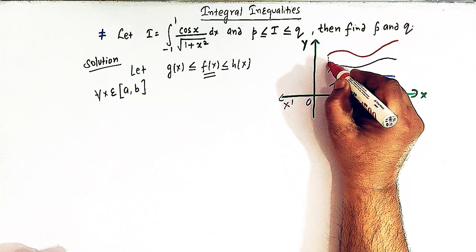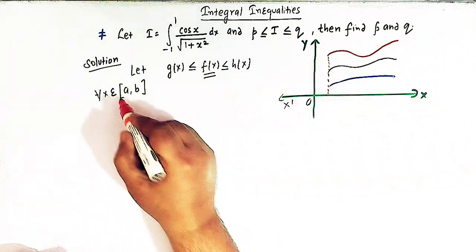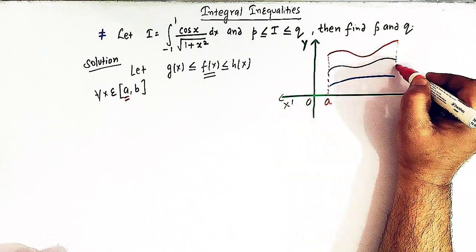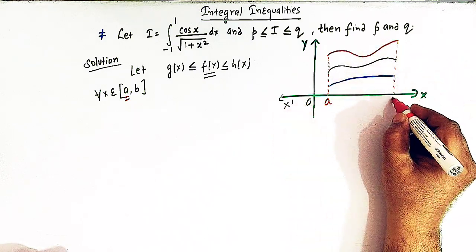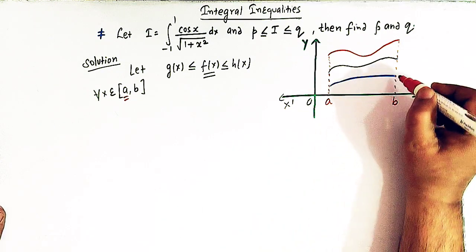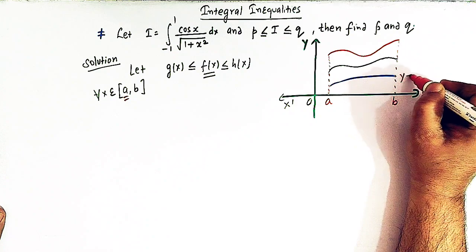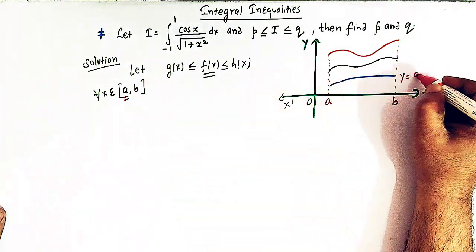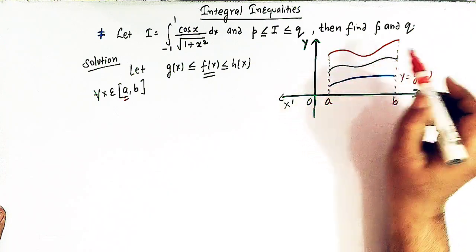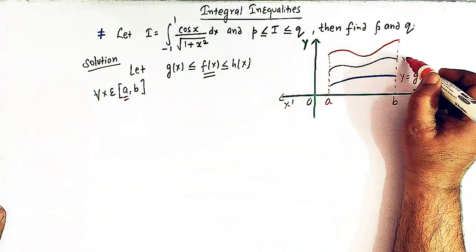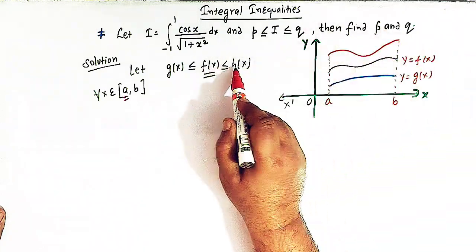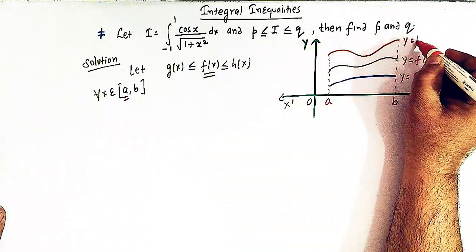Here we have point A and here we have point B. This curve represents y equal to g of x, this black curve represents y equal to f of x, and here we have h of x.